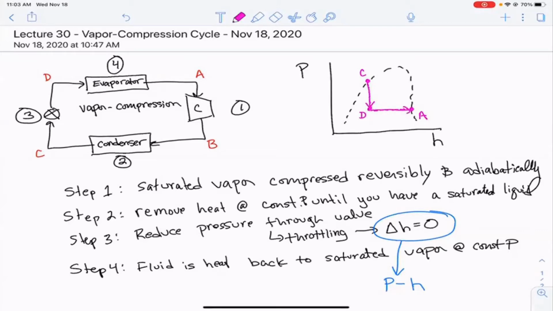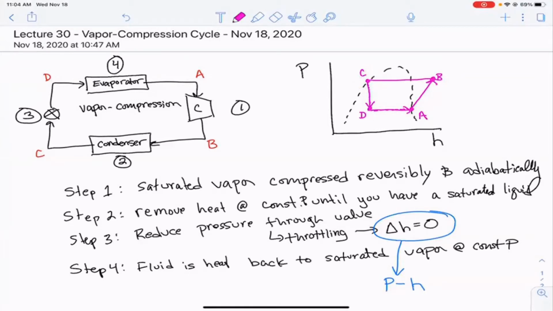Now, for state B, we're going to go through a compressor. If the efficiency is 100%, that will be done isentropically. But our endpoint is at the same pressure as C. So that's a straight line across to B, then here to C, which is saturated liquid, and back down where you have a mixture. You know, if you go through this valve isenthalpically and you start with saturated liquid, some of it is going to vaporize.